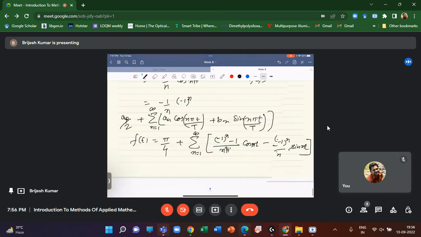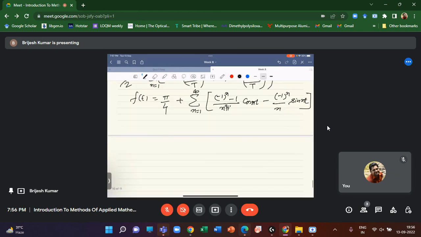Okay, so you can write this in expansion like pi by 4 minus 2 upon pi cos t minus 2 upon 9 pi cos 3t dot dot dot.